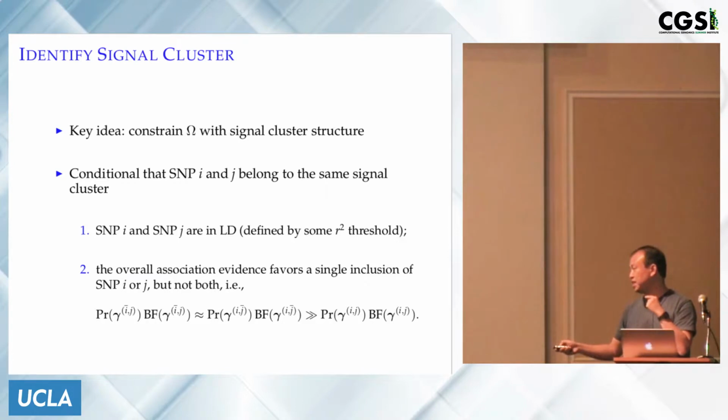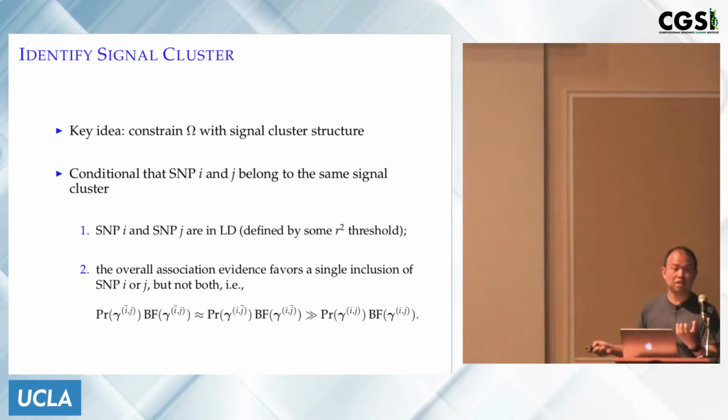In this case, J is 1 and I is 0, but in this case, I is 1 and J is 0. So the point is you're including one of these SNPs, they're redundant, right? They are the same representation of the same signal. So they should give you approximately the same posterior score.